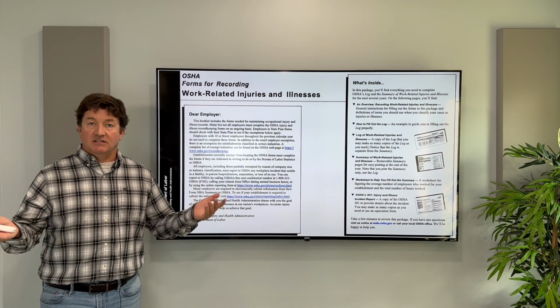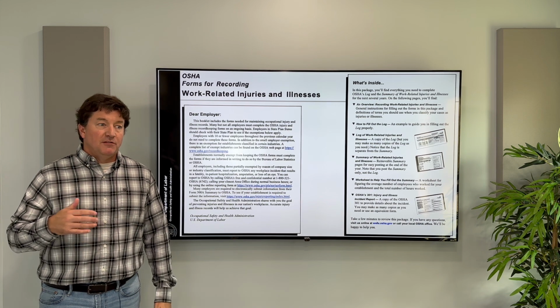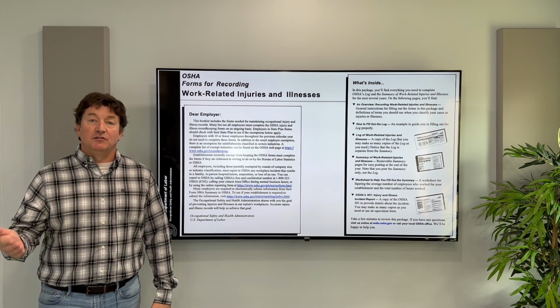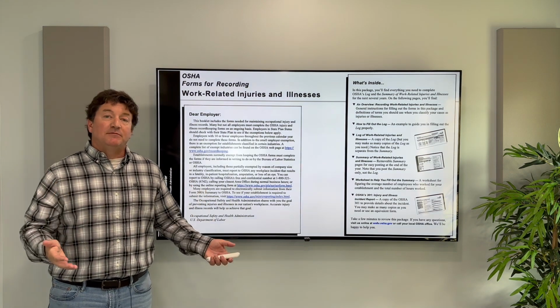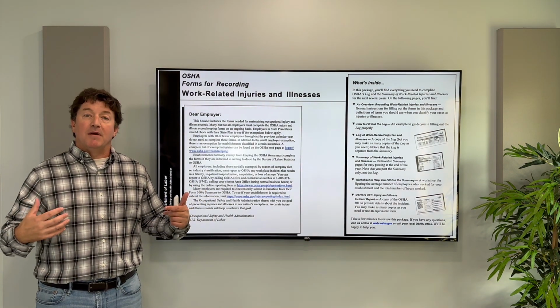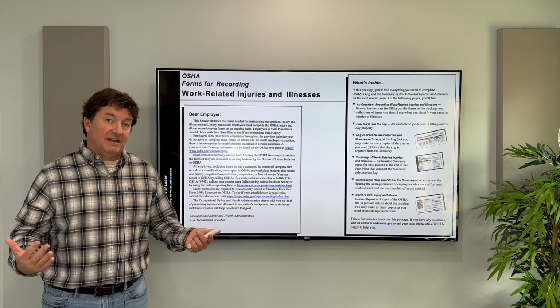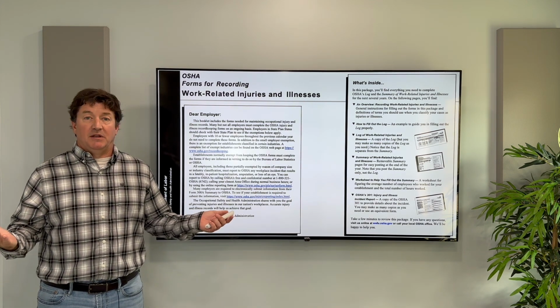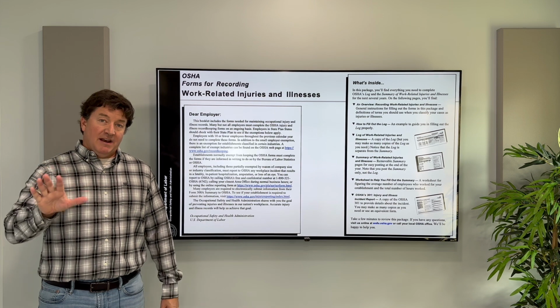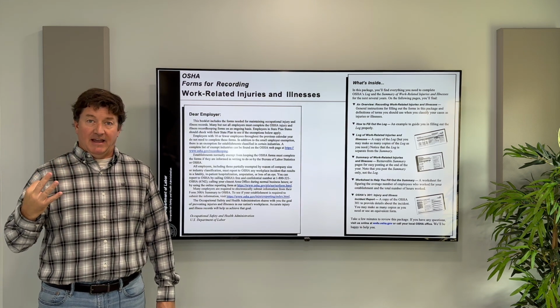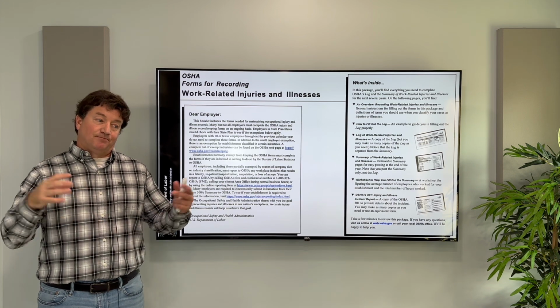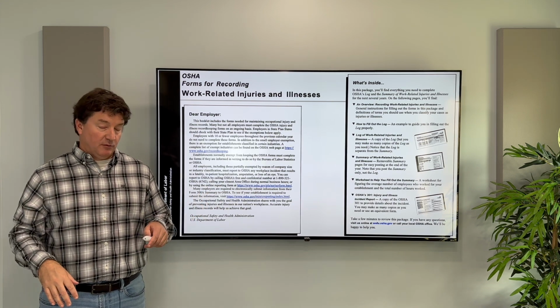And it's not because they're not trying. In fact, they're trying too hard because they want to capture everything. But if somebody collapses on the job and it's a medical condition that's not work-related, that has no business being on the OSHA forms. So right now, I want to break down the three main forms that we're going to be looking at and unpack these forms as we go through it.